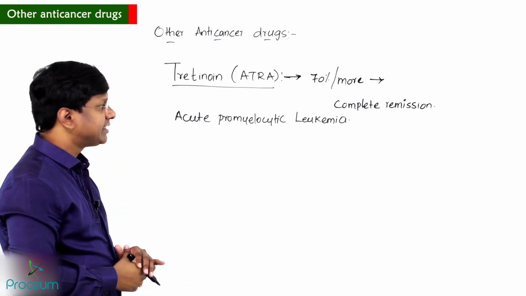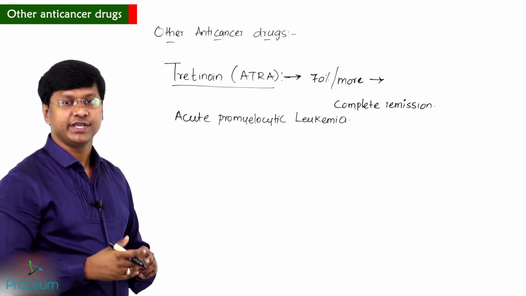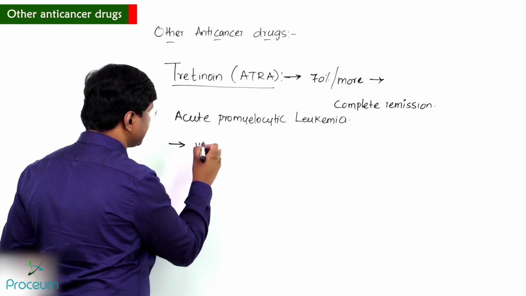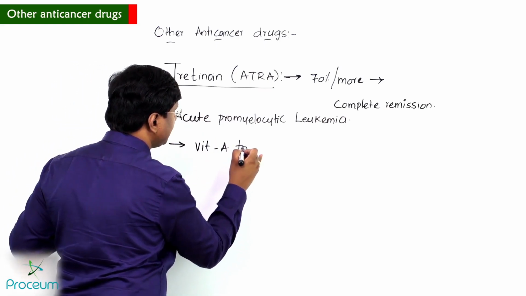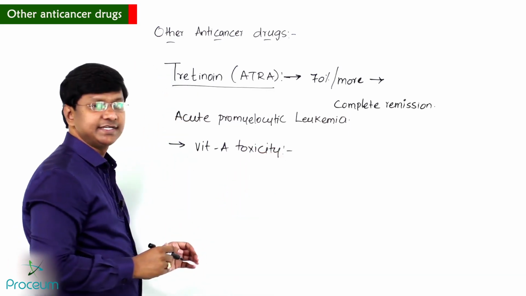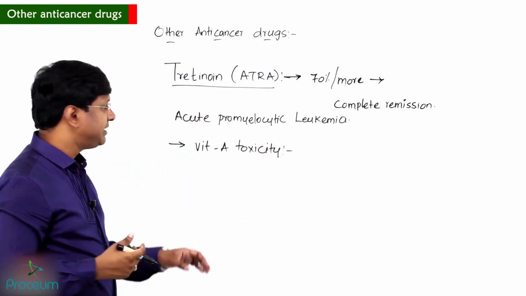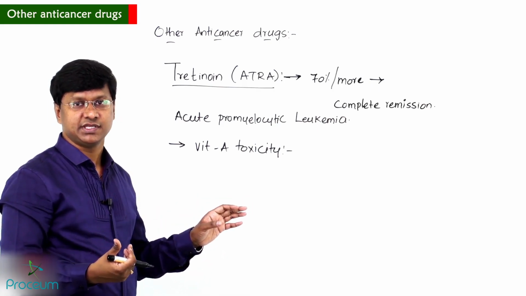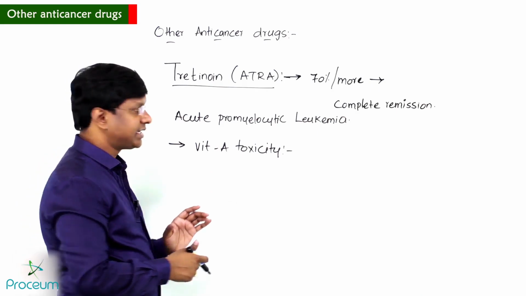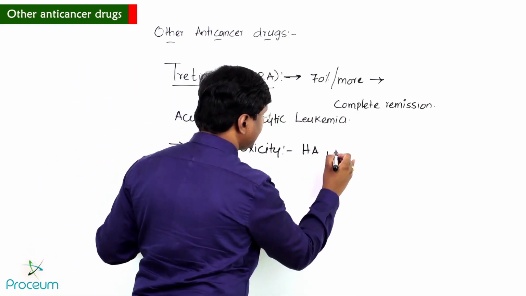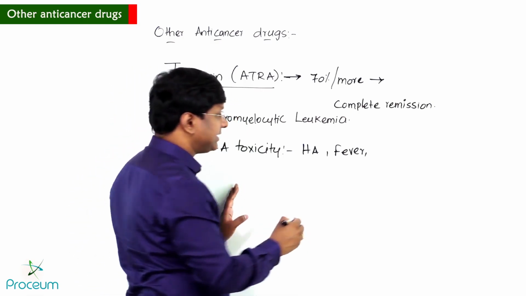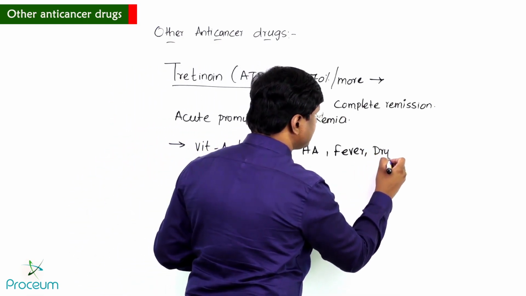Now, this tretinoin is associated with various toxicities. One of the toxicities of all-trans-retinoic acid is vitamin A toxicity. Because of this hypervitaminosis A, this drug can cause headache, fever, and dryness of the skin.